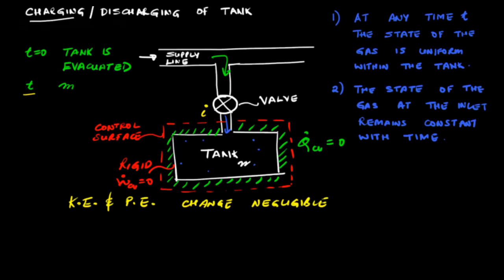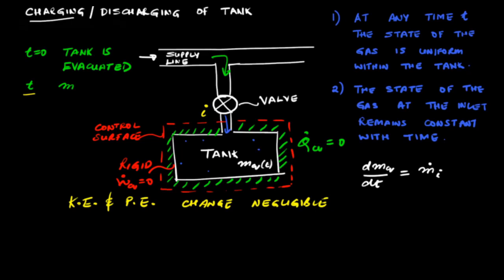If m_CV denotes the mass of the gas within the tank at time t, then dm_CV/dt is equal to the mass flow rate of the gas into the control volume. And note that there is no exit to this control volume, so mass can only enter this control volume.